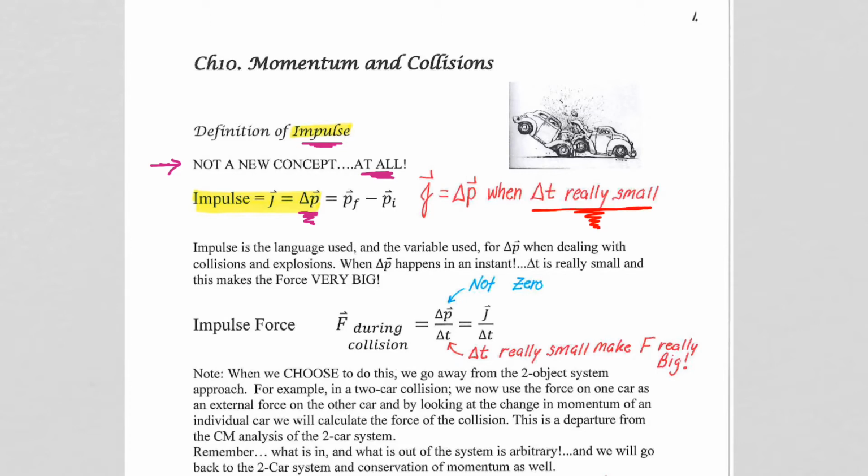Now, one of the questions always is, how much time is a short amount of time? When is it a collision, and when is it just an interaction between the two objects? Typically, the collisions that we observe in real life are obvious collisions, like car 1 hits car 2.